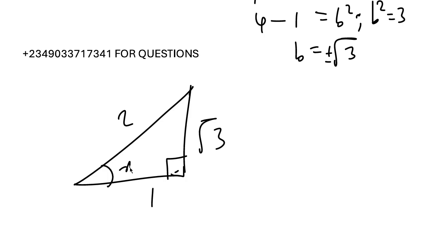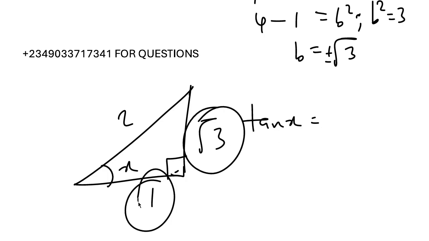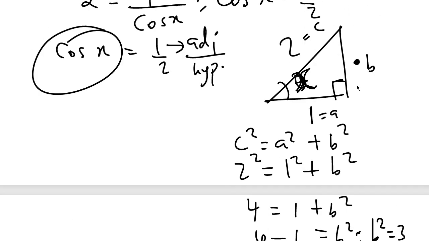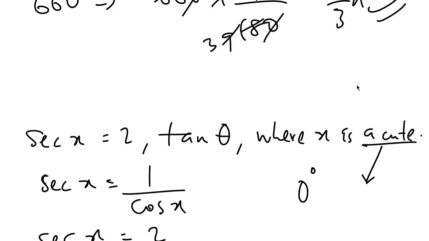So from this now, what is tan x? Remember, tan x is the opposite over the adjacent. So that's root 3 over 1. But you don't hurry to pick that, right? It says where x is acute. And I said that if it's acute, it's greater than 0 and less than 90.